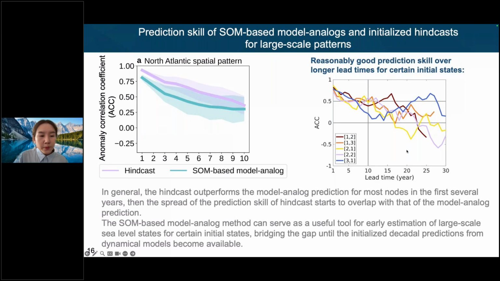Therefore, the SOM-based analog method can provide a useful tool for early estimation of large-scale sea level states for certain initial conditions. It can bridge the gap until the initialized decadal hindcast from the dynamic model becomes available, because these predictions often just extend to a lead time of 10 years.